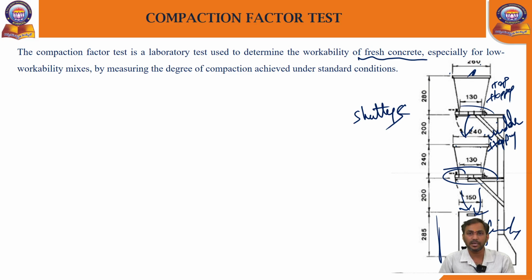But what is the purpose? Placing of concrete in specific locations, we say, no? For that purpose we can also conduct this compaction factor test. The compaction factor test is a laboratory test used to determine the workability of fresh concrete for low workability mixes by measuring the degree of compaction achieved under standard conditions.